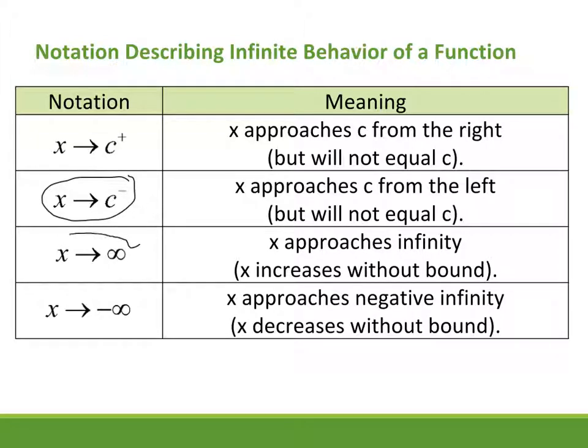When we say x approaches infinity, x goes to the right without bound. If we say x is going to negative infinity, x is going to the left and in the negative direction without bound.